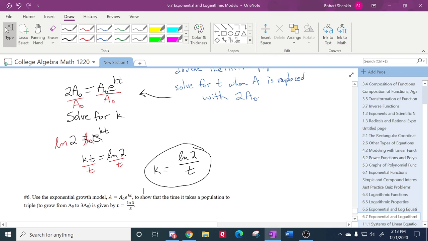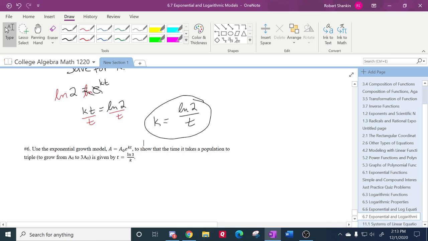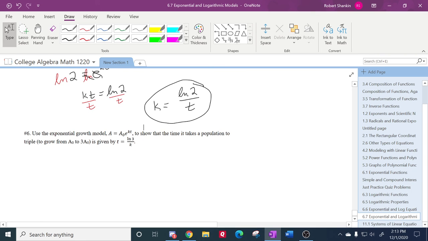Any questions on number 5? Alright, let's go to number 6. Use this model to show that the time it takes a population to triple is given by this. We're going to do the same thing.